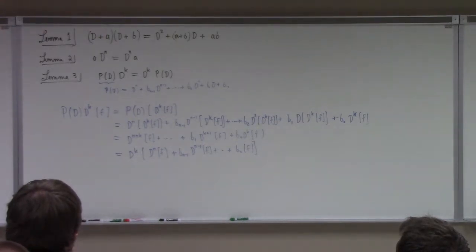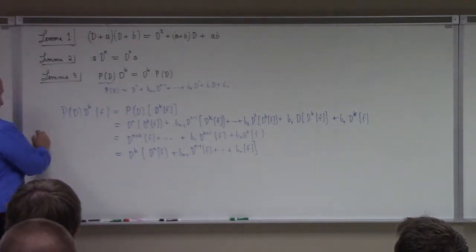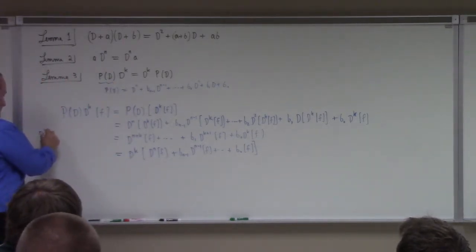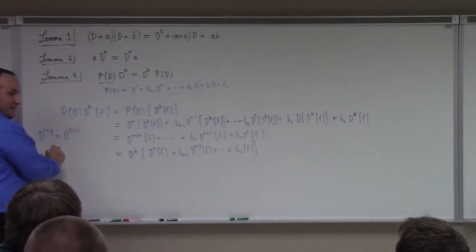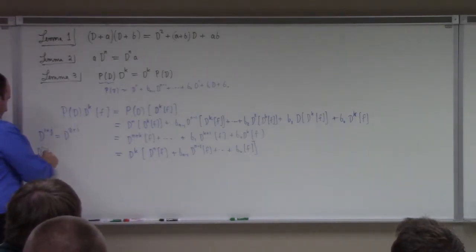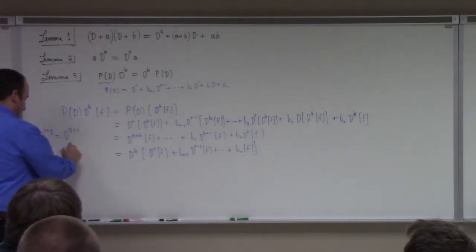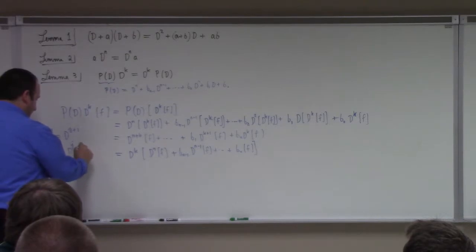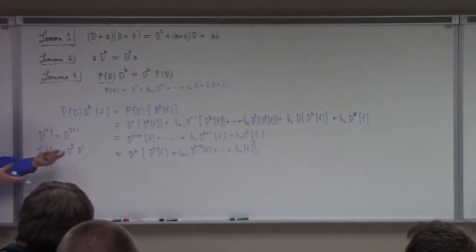It doesn't matter. The thing that's really driving this identity is the fact that D of i plus j is equal to D of j plus i, right? In other words, I can either first differentiate j times and then differentiate i times, or first differentiate i times and then j times. You're like, well, duh. That's true, but it has pretty dramatic consequences.